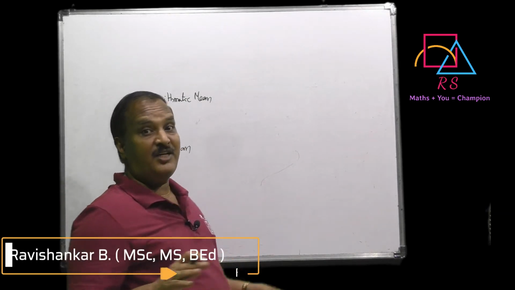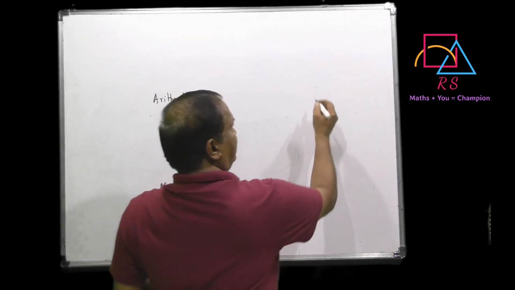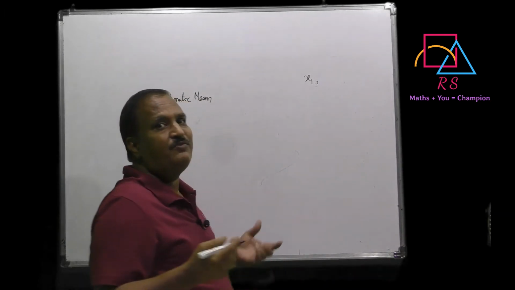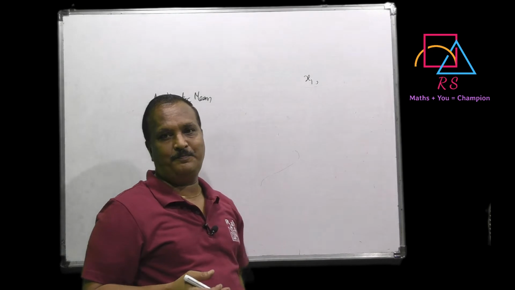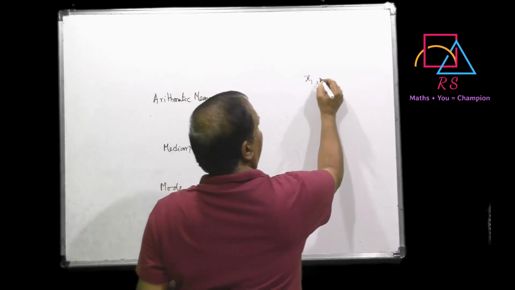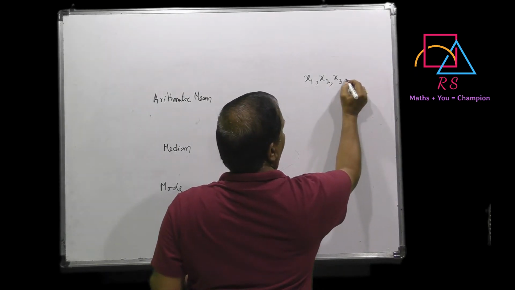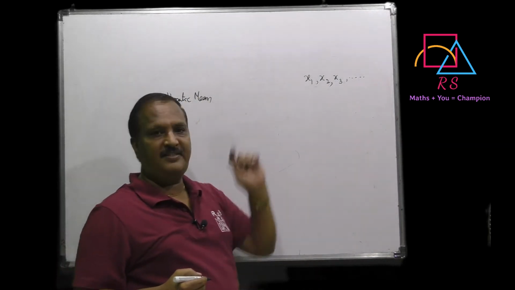So formulas are general. Now we need observations. What observations? Let us say x1 is one observation, because we don't know. When we don't know, you can bring x. So many x I have to bring: x1, x2, x3, and so on. These are the observations.